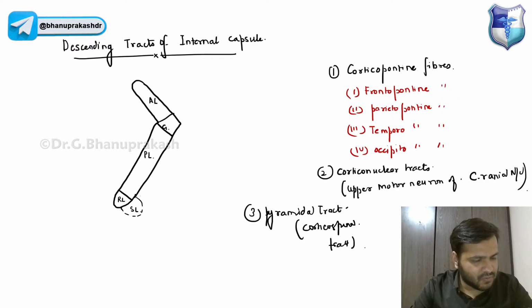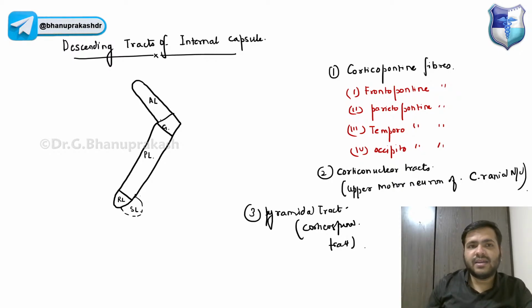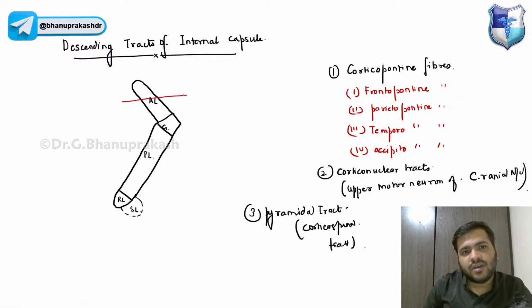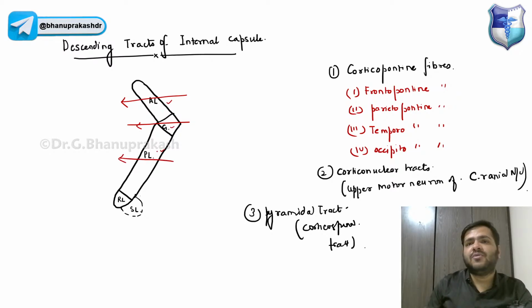The frontopontine fibers will be coming from all these parts: the anterior limb, genu, and posterior limb.